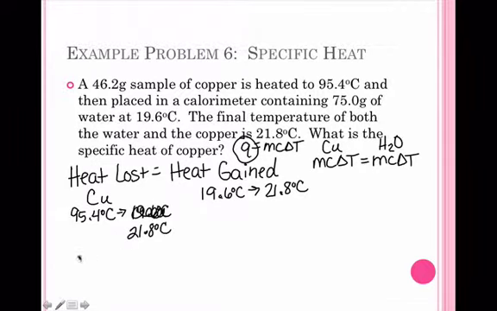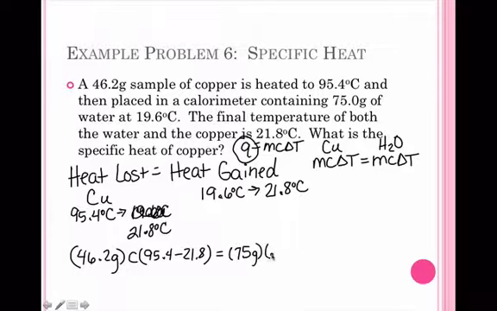The mass of our copper is 46.2 grams. We do not know the specific heat of our copper, but we do know that it started at 95.4 and ended up at 21.8. And then our water has 75 grams.